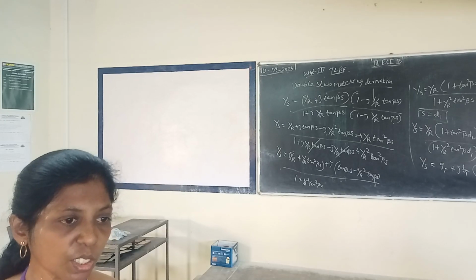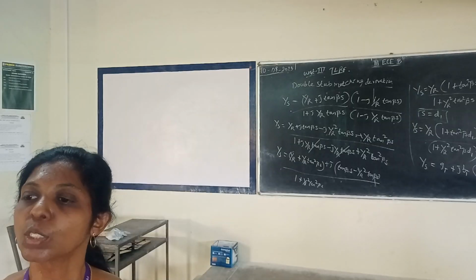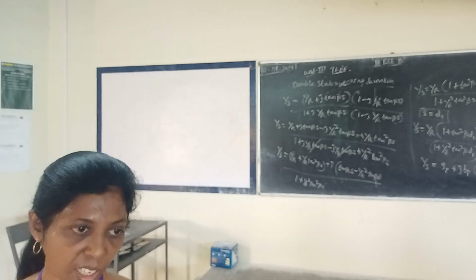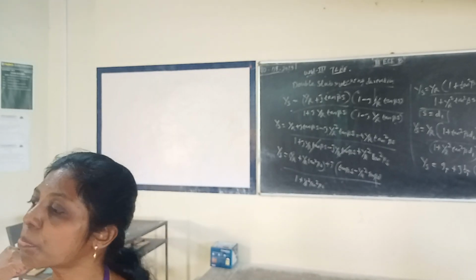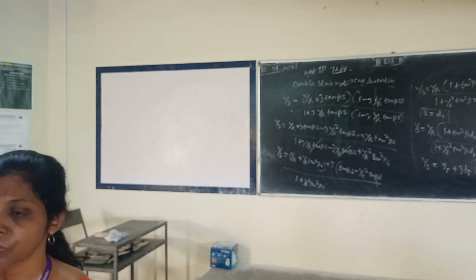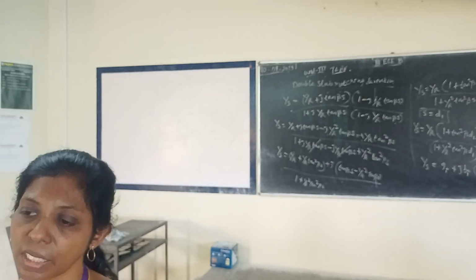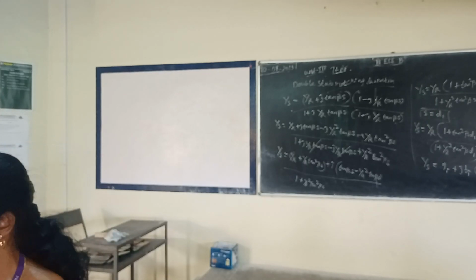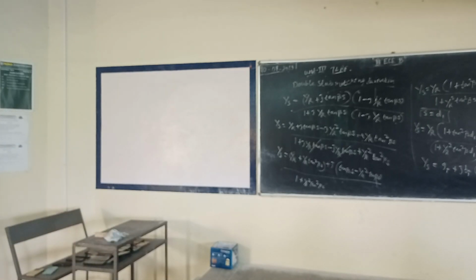Because GS is equal to G naught, unity, that one point, so opposite that point we have to find and do the cancellation. So the complication in the Smith chart is only in the double stub. Once you do all this, the calculations will also be easy. Are you able to follow? So no doubt.